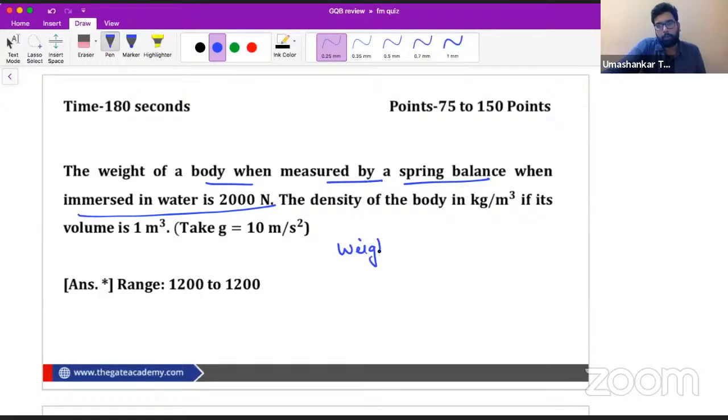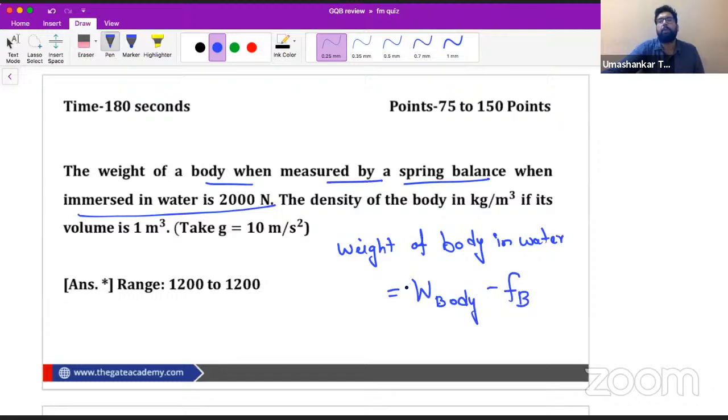The weight of the body in water should be the weight of the body minus the buoyant force, right? So it will be the actual weight of the body minus the force of buoyancy.